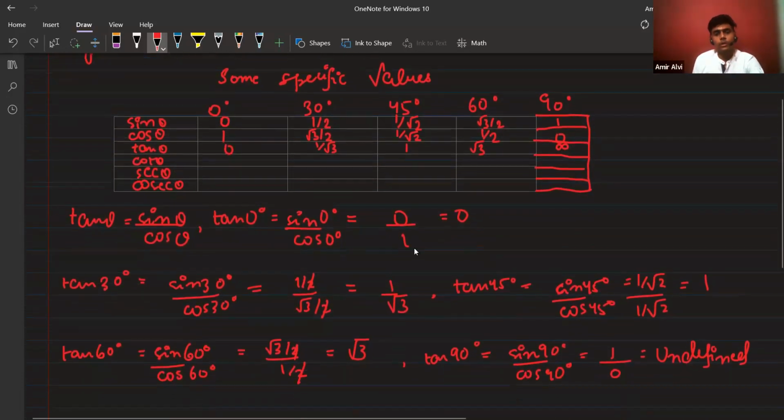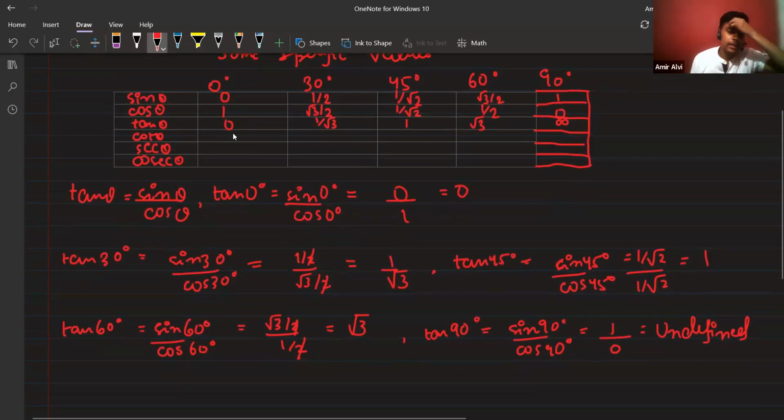Now we can take the reciprocal of tan so that we can get cot. So what would be the value of cot 0? Cot 0 is the reciprocal.